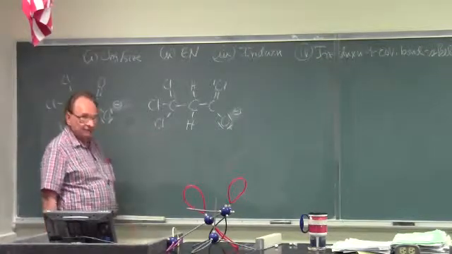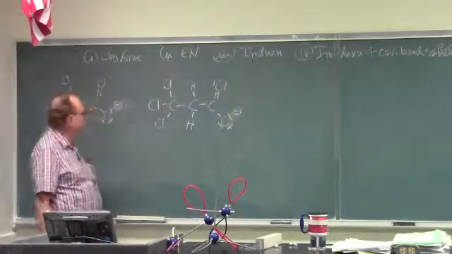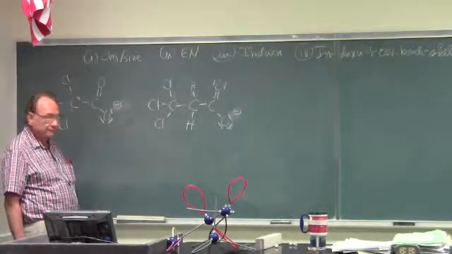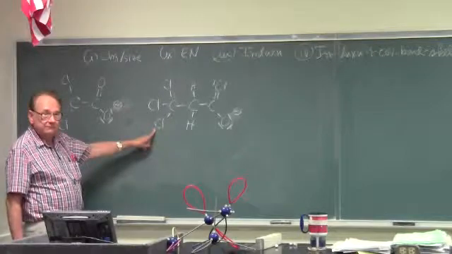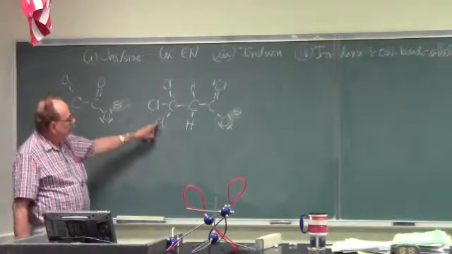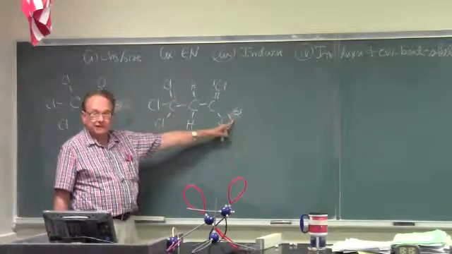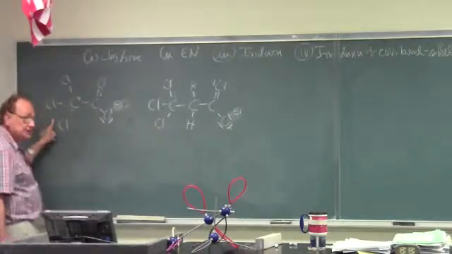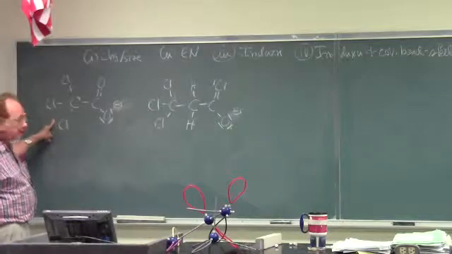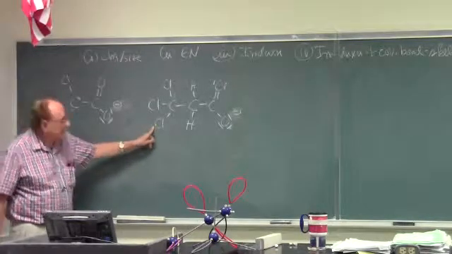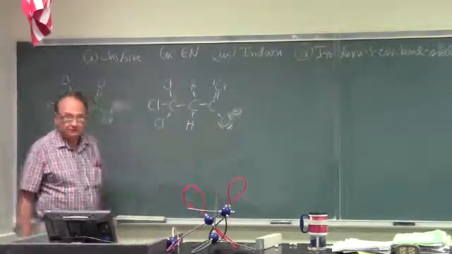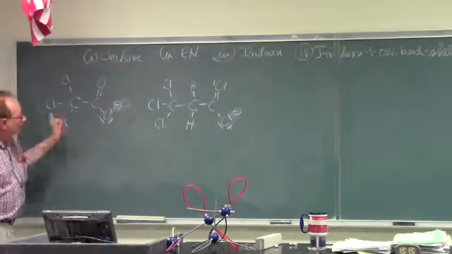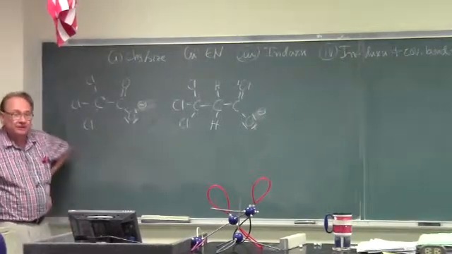Again, I don't care about the names. I'm not writing that down. Now note, if these three chlorine atoms can still stabilize this negative charge density by induction as effectively as these chlorine atoms, which of these will be the more stable base and why?